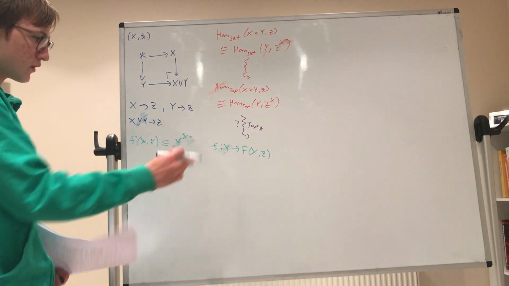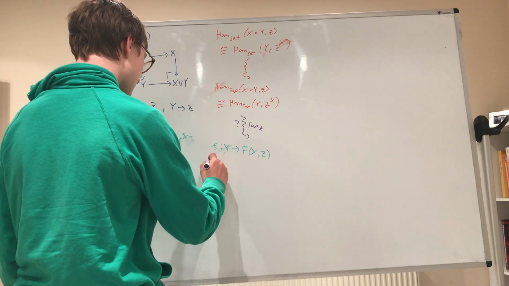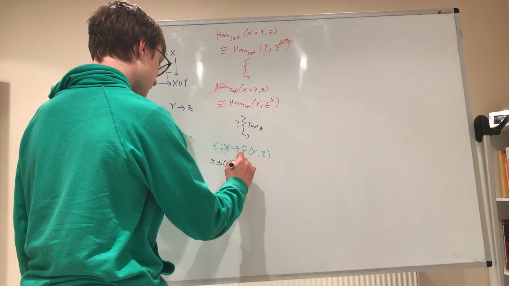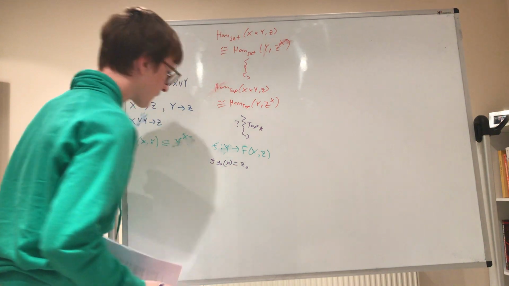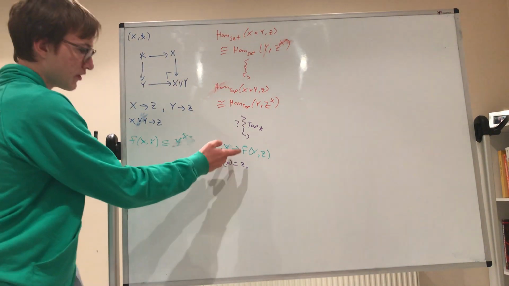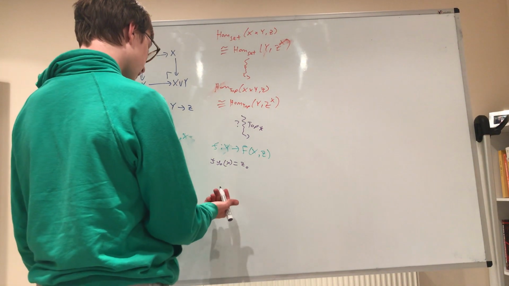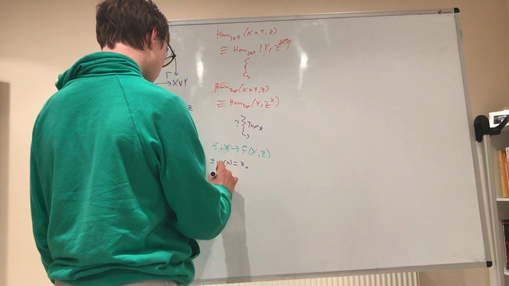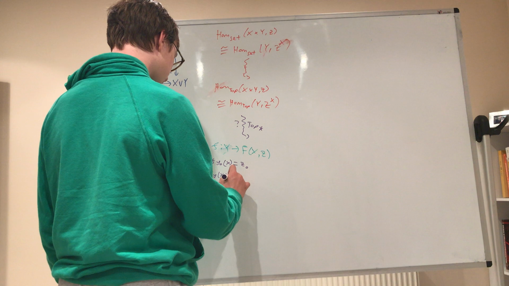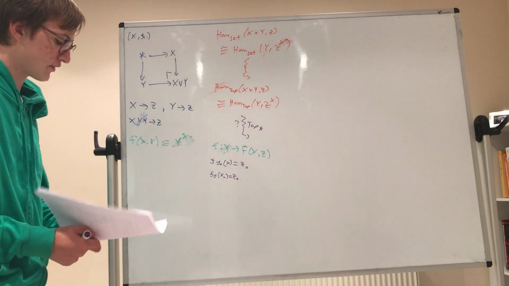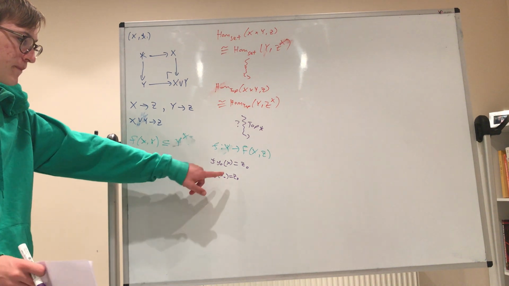So, firstly, we should have f of y0 at any x being equal to z0. So at the base point in Y, the function is constant. Also, we have f of y at x0 is equal to z0. So it's also constant at the base point in X, no matter what y we pick.